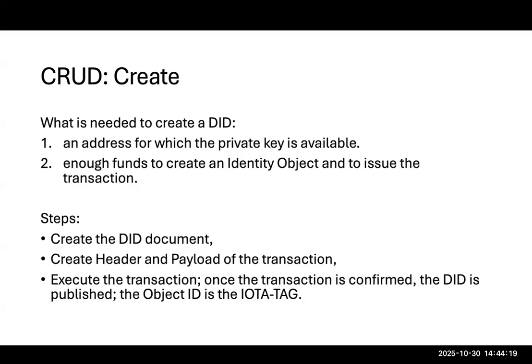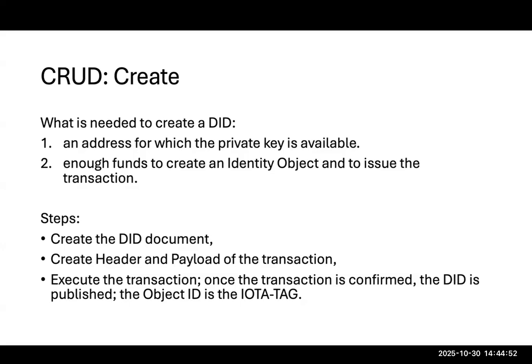In particular, we are referring here to your key pair for transacting on the DLT, so the pseudonym that you have to transact on this particular ledger, and enough funds to create the identity object. When you see identity object here, essentially you can think about the DID document. And to issue, of course, the transaction.